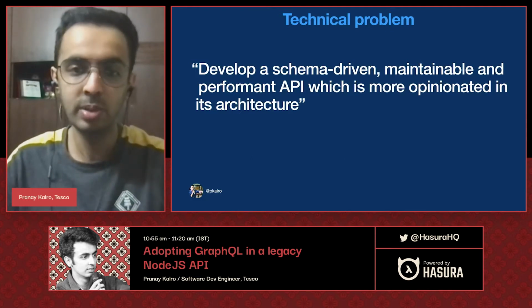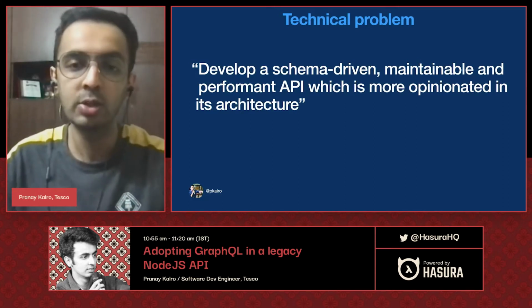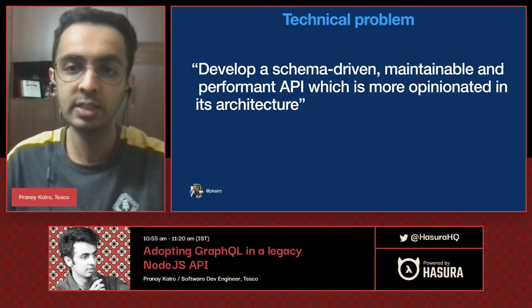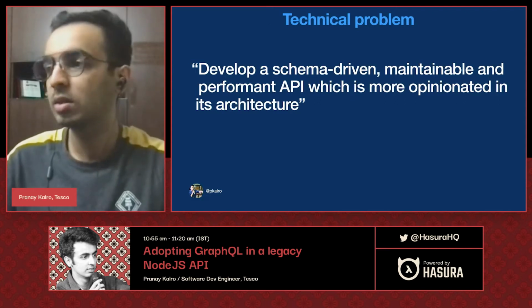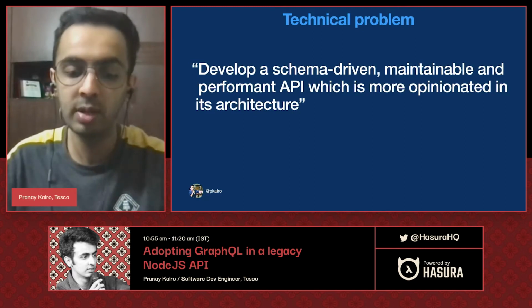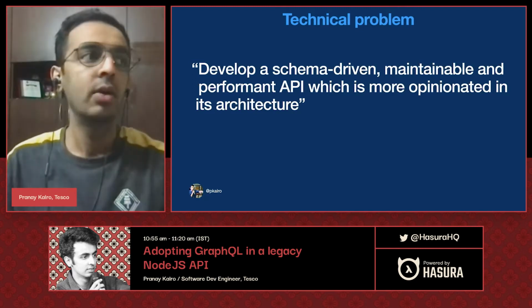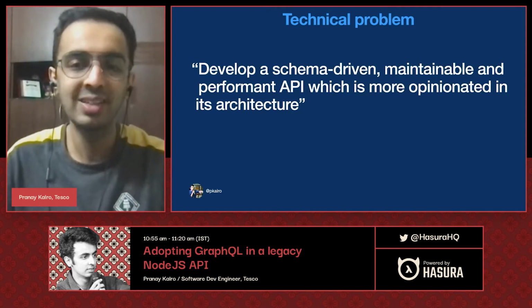The last bit is the most important one, and why we went ahead with the solution we chose: we wanted an architecture on our Node.js API which was more opinionated. That was very important, and maybe for any team choosing to migrate to GraphQL, because the toolkit and ecosystem around GraphQL is opinionated.